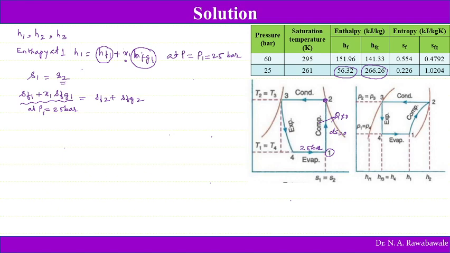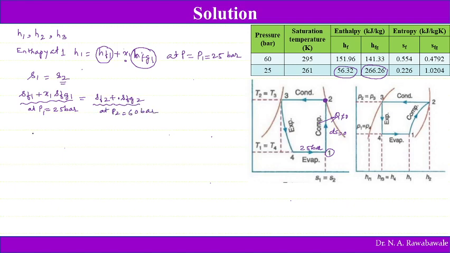At the end of compression the refrigerant is dry saturated, that is dryness fraction X2 is equal to 1. So X2 is equal to 1, that means it is dry saturated, so there is no meaning in writing the X2 value in this equation. This data has to be taken at pressure P2 equal to 60 bar.